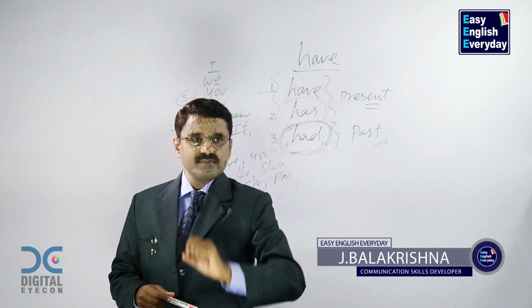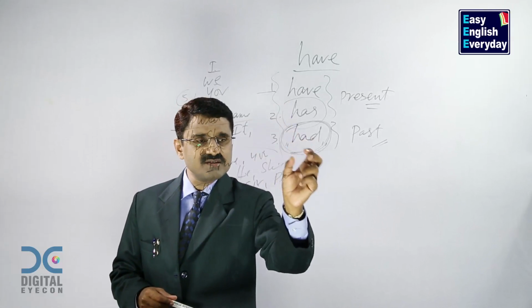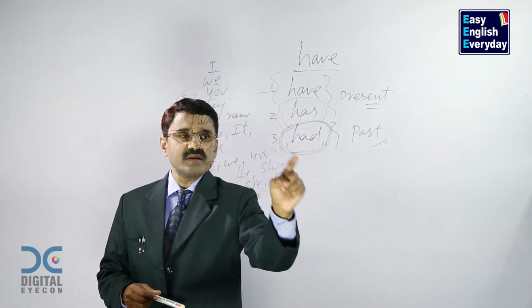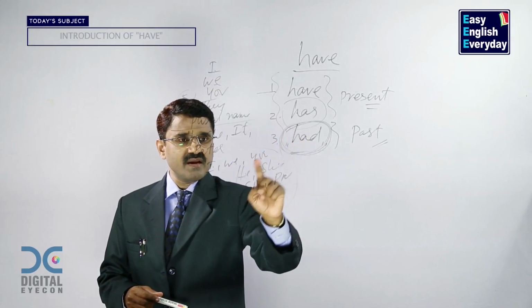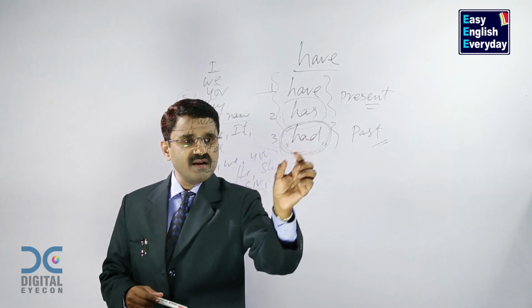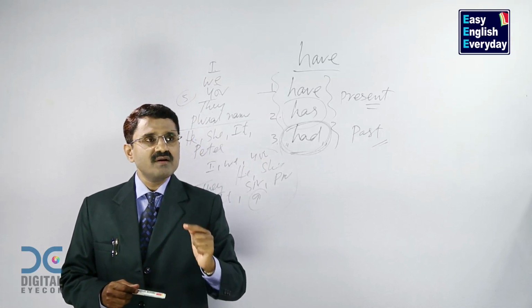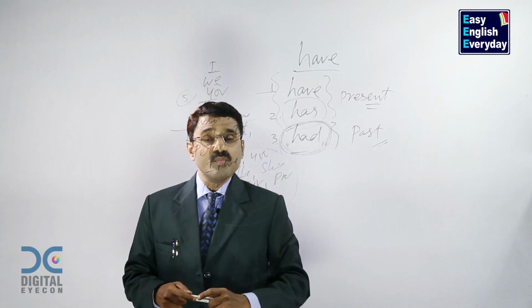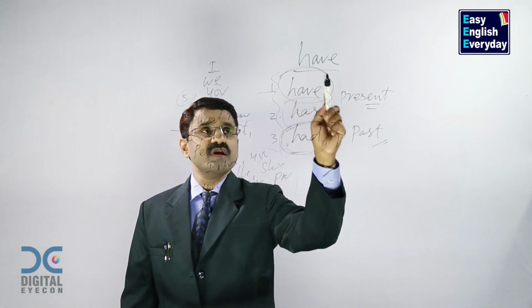And had, the one and only child of this couple, goes with all the 9 people. I had, we had, you had, they had, he had, she had, it had, Peter had, children had. Remember this point. Later on, let us see how we can make more and more examples, how this person is going to help us in English language.